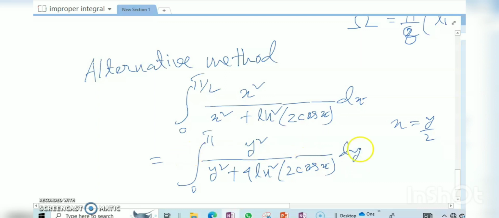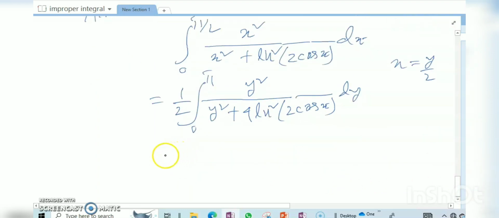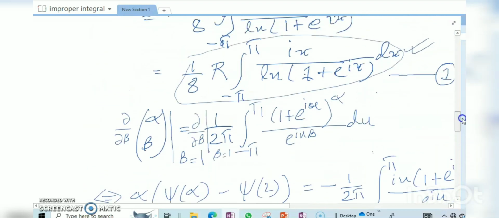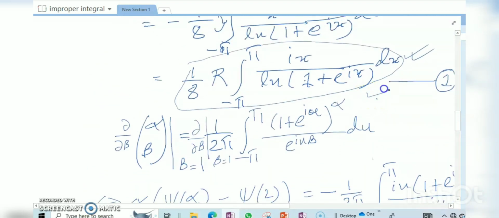In here, I also get a half multiplied. So this portion can be written this way, ln of this value.